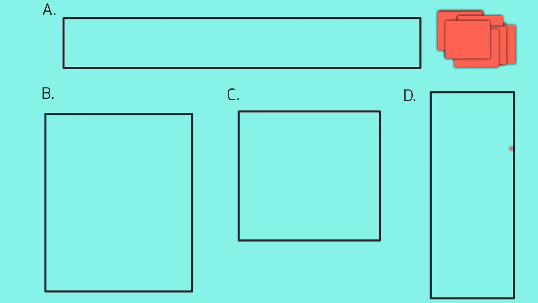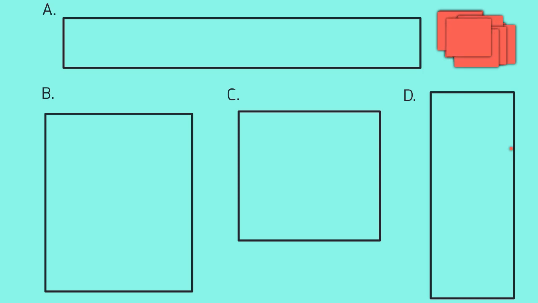What do we call these shapes that are on the screen here? Everyone, get ready. Yes, they are called rectangles. We have 4 different rectangles on the screen here, and today we are going to estimate how many 1-inch tiles it will take to fill the area of the rectangle.